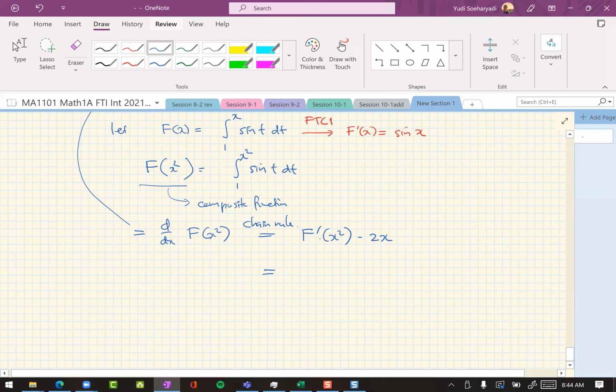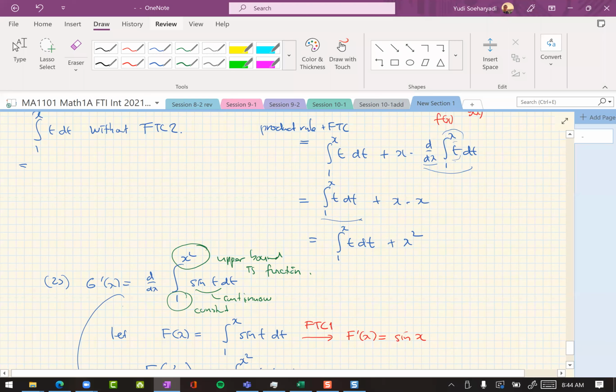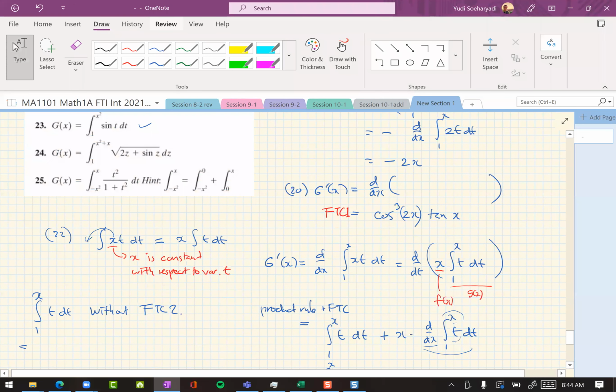Right? So replace x by x squared. Right, so let you do the other things.